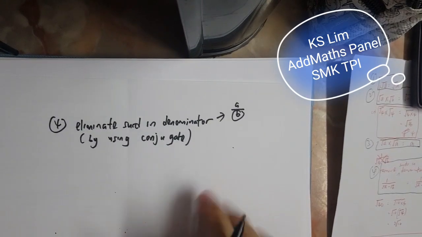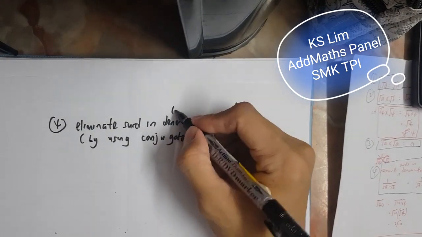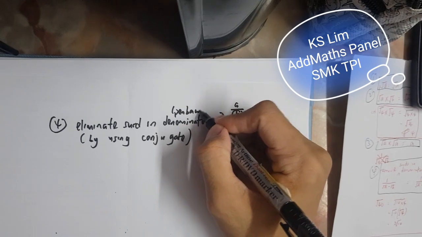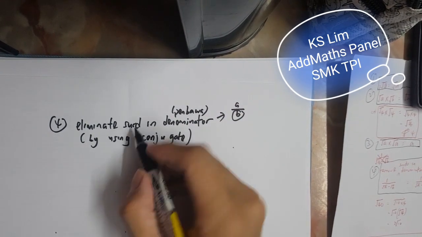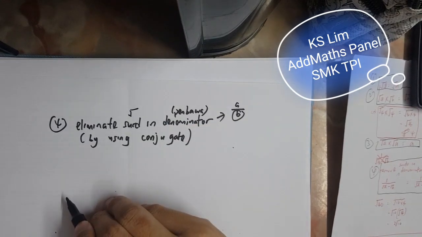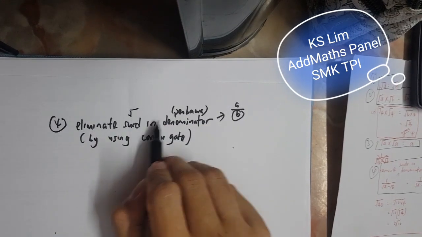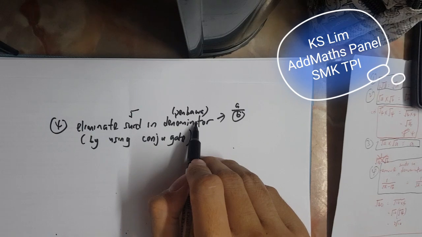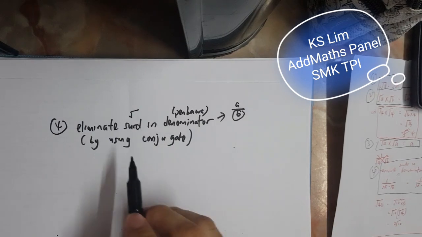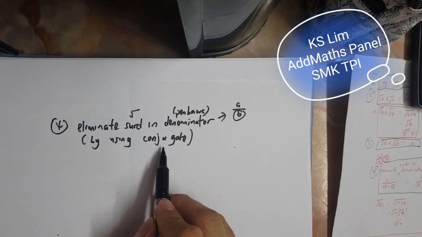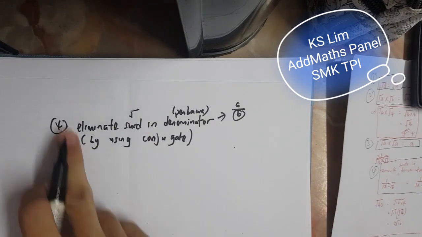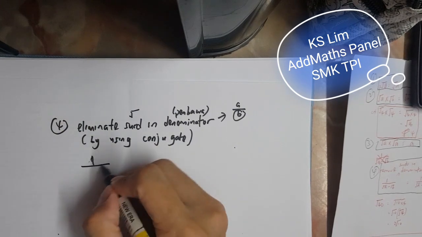Okay, so kita nak hapuskan pembawa yang ada surds. Yang ada surds bermaksud yang ada root lah. Okay, how to eliminate surds in pembawa ataupun denominator is we can use the concept of conjugate. Later I'll show you what's mean by conjugate. Okay, so let's say for this concept we can use this one.